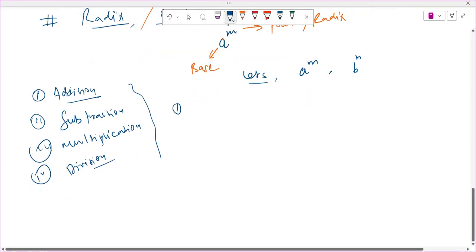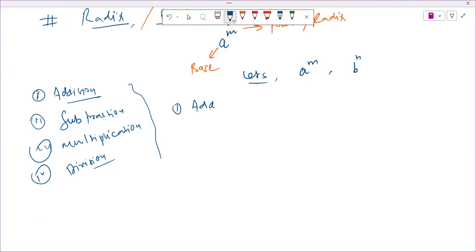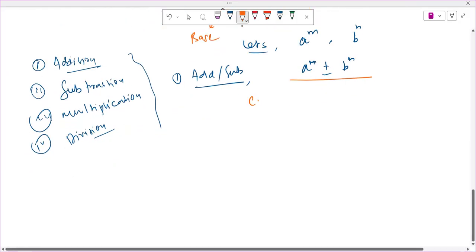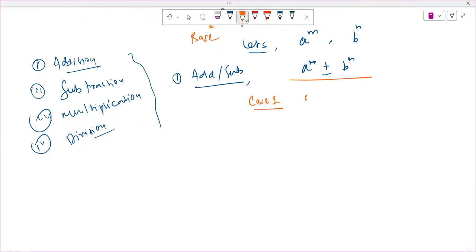Let's first discuss addition or subtraction: a to the power m plus or minus b to the power n. Case one is a not equal to b and m not equal to n.